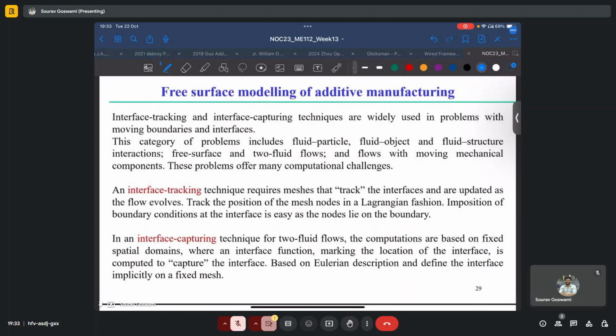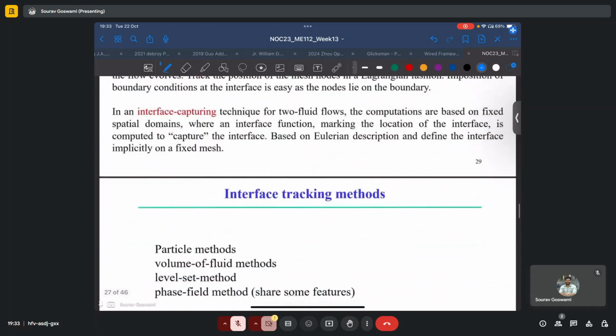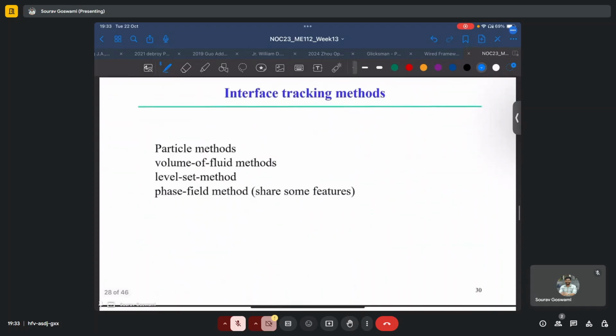In a Lagrangian formulation, you will typically need to remesh your system in each step because the boundary itself is shifting. You are shifting with the evolving interface, and your nodes must be placed on the evolving interface. Whereas in the second case, in interface capturing, such frequent remeshing is not really required.